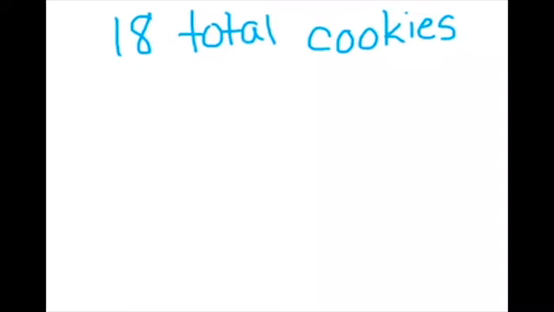Okay, share. So I'm going to first share these 18 cookies that I have with 6 other kids. Okay? So I need to make sure that when I have my 18 cookies, each kid gets the same amount, right? That would be sharing.